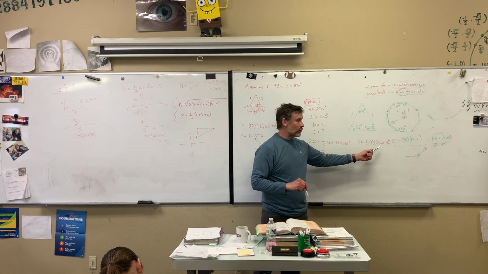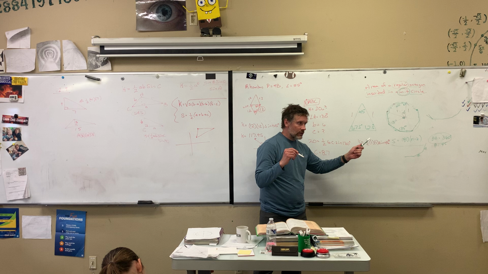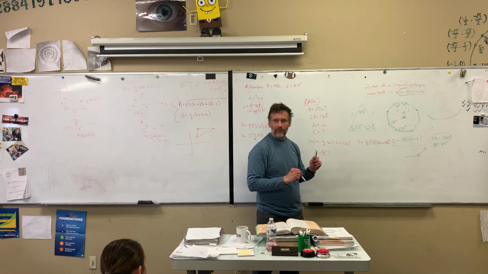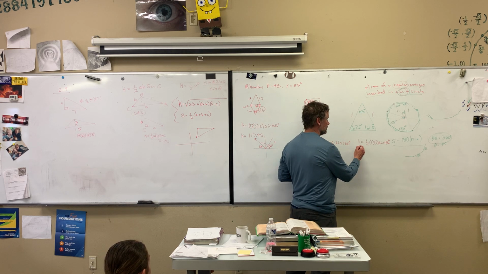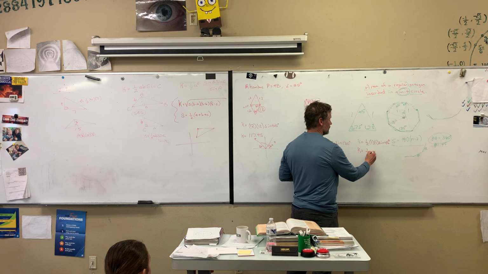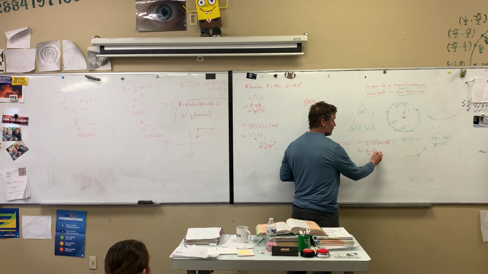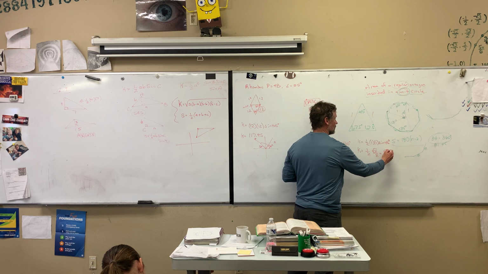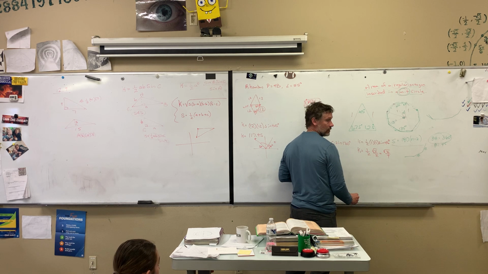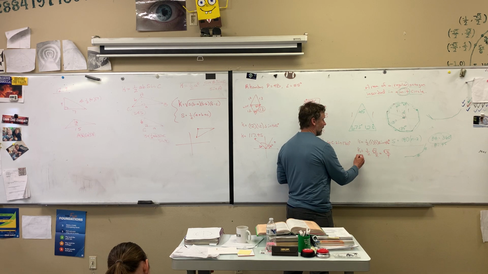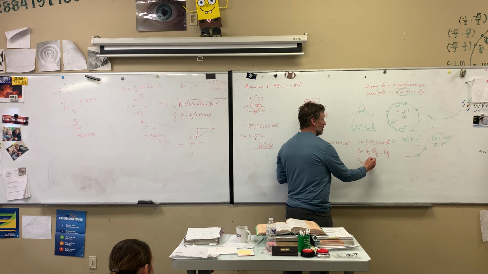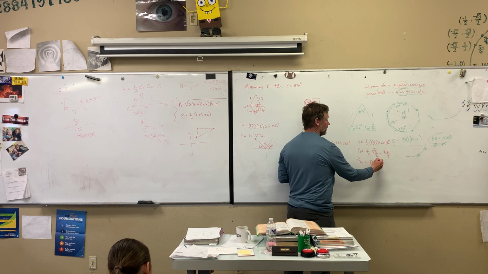So why no calculators, exact values? Well, what's the sine of 45? Root 2 over 2. So the area of one triangle is equal to root 2 over 4. Multiply that by 8 for the total area.